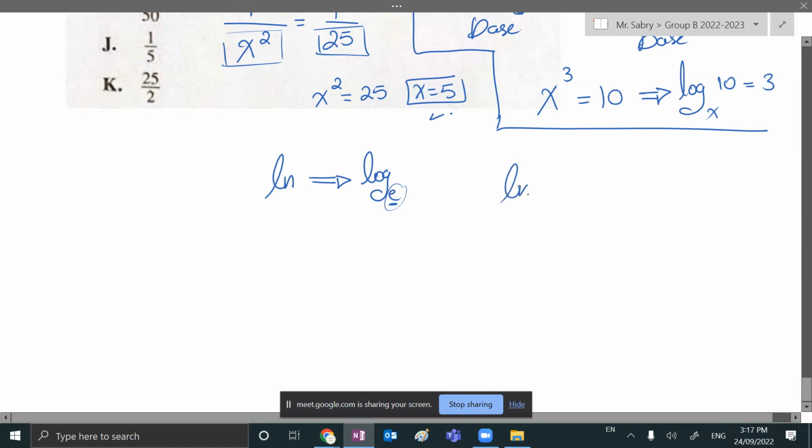If I find something that says ln x equals 1000, I can change that to become e to the power of 1000 equals x. So ln always has a base of e. And if there's a log without a base, then the base is 10. That's what we call a common log.